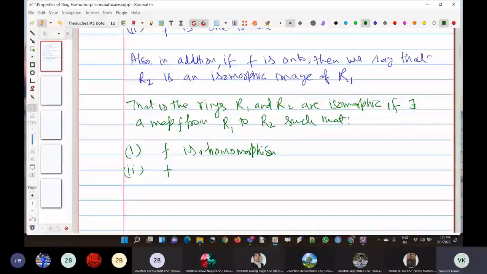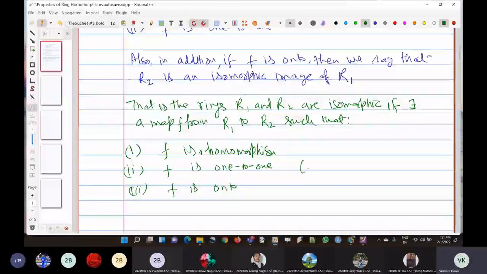Second, f is 1 to 1. And third, f is onto. That is, it should be a homomorphism as well as bijective. Bijective means 1-1 and onto.